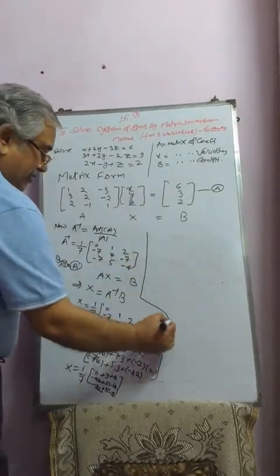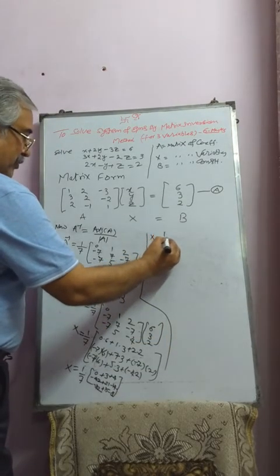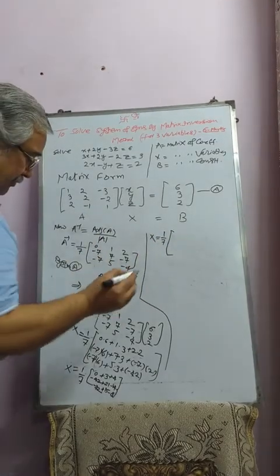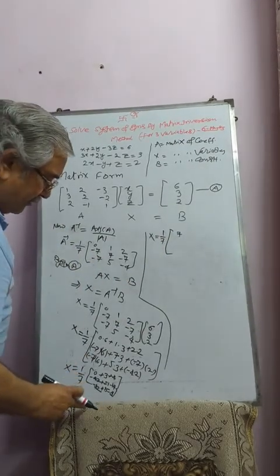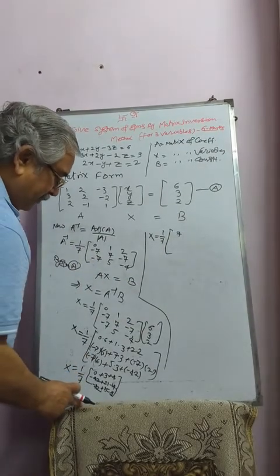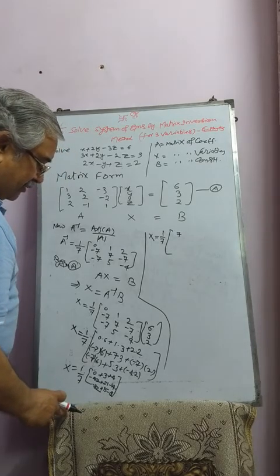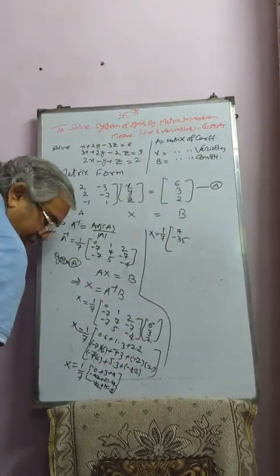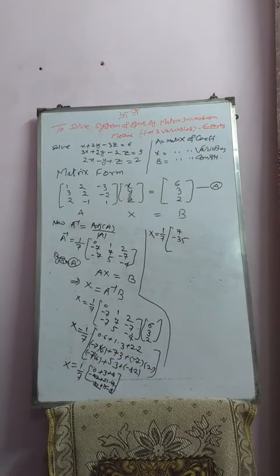Look here children, x is equal to 1 upon 7 into 7, minus 35, and again minus 35.